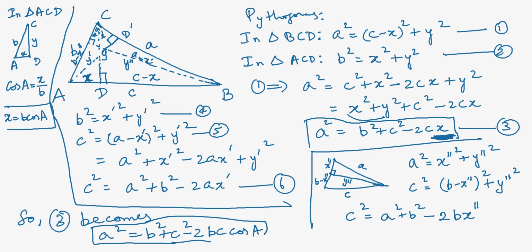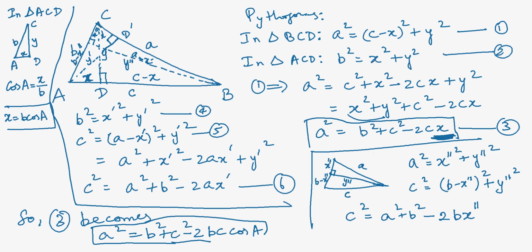Just what we did, we know Pythagoras for a right angle triangle, and we know the sine and cosine trigonometric function definitions for right angle triangles, and we just went for a non-right angle triangle and used the altitude to split it into a pair of two right angle triangles, and in doing so we applied the Pythagoras and we got one modified or revised Pythagoras for a non-right angle triangle.